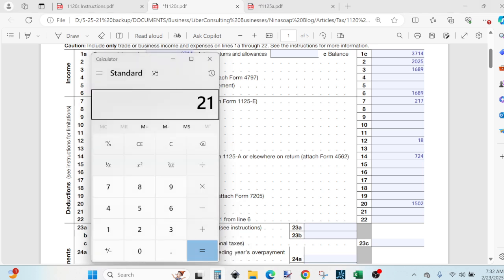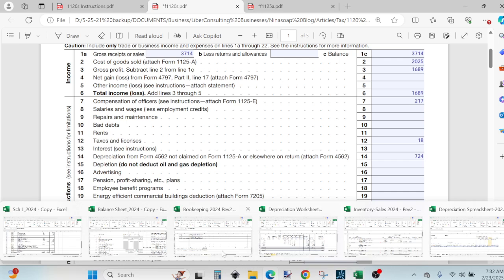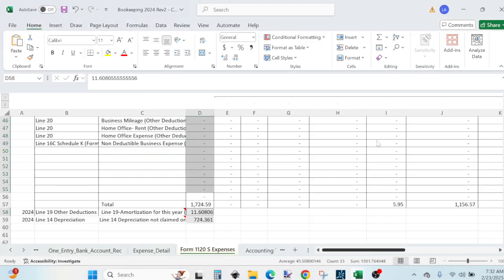So 217 plus 18 plus 724 plus 1502 is 2461. So let's check that number to see if that's what we are having on our balance sheets.